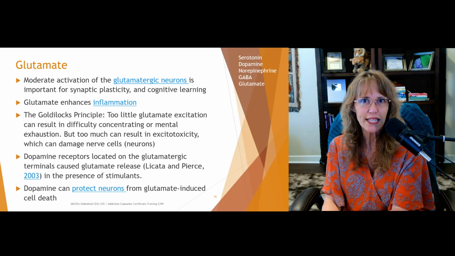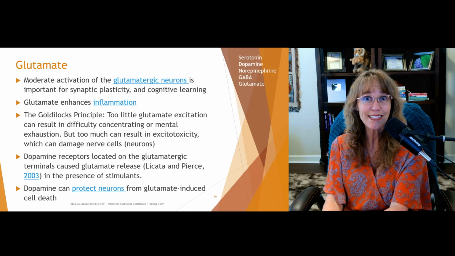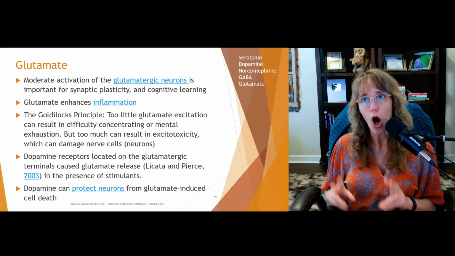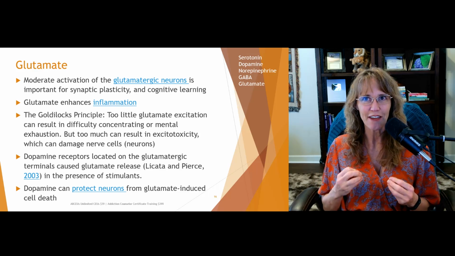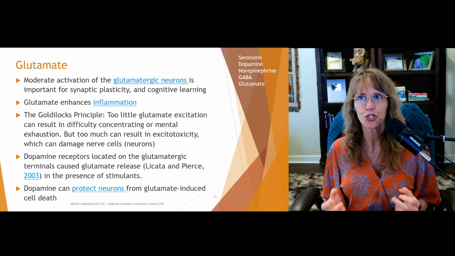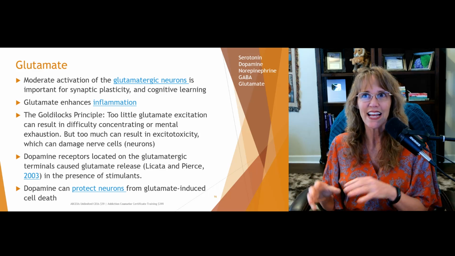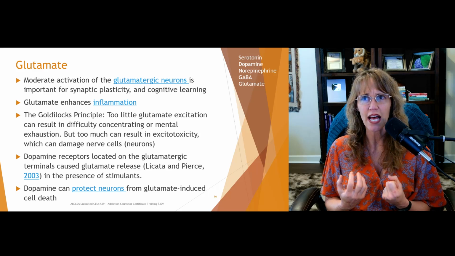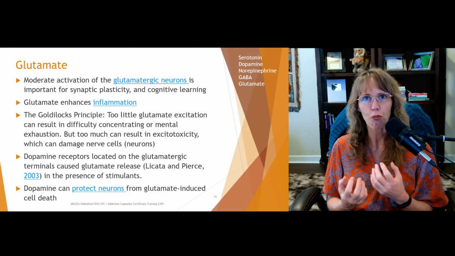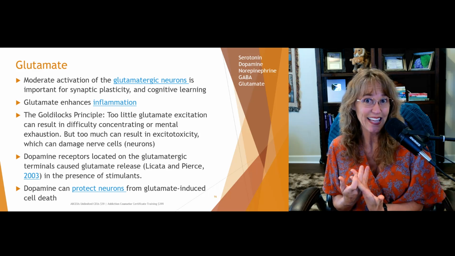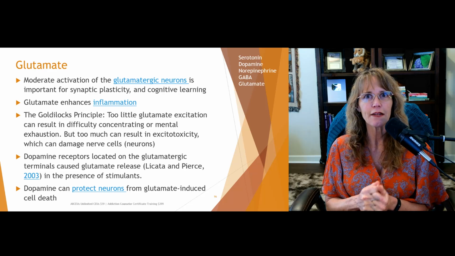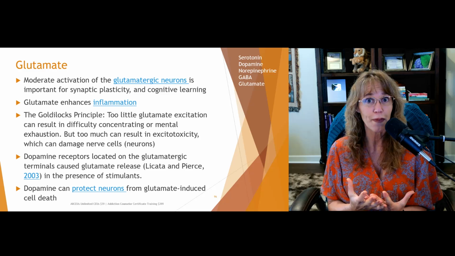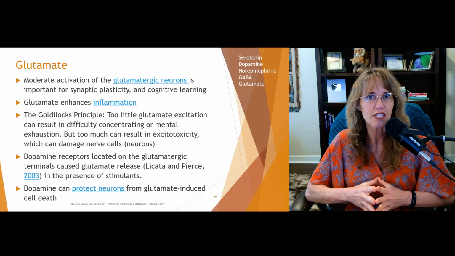People with generalized anxiety, people with CPTSD, who almost never feel safe, who are on edge, who are almost always in that fight or flight response, have a much more difficult time learning information and processing and retaining what they learn than people who are in their wise mind and don't have too much glutamate.